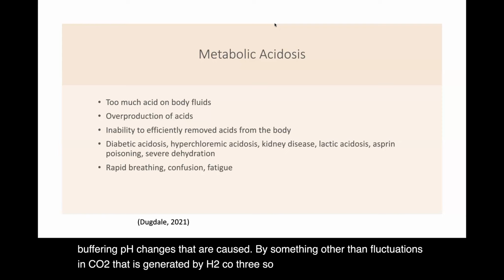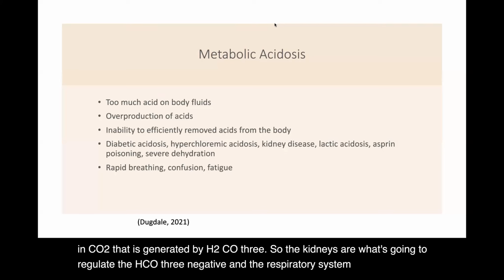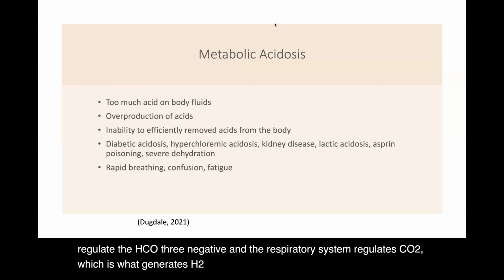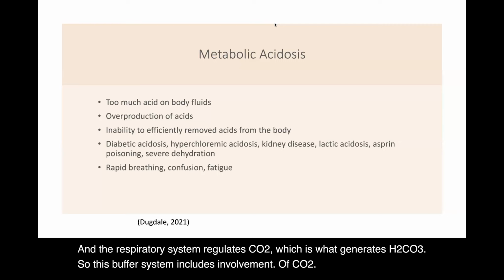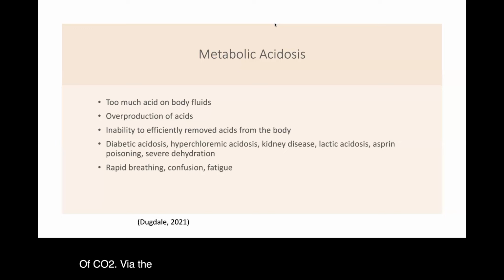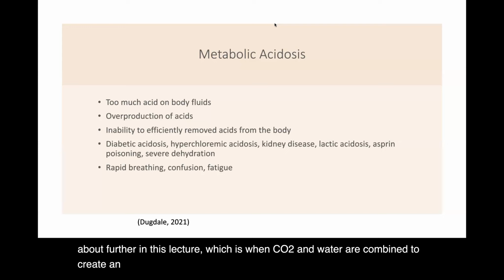The kidneys regulate the HCO3 negative, and the respiratory system regulates CO2, which is what generates H2CO3. So this buffer system includes involvement of CO2 via the reaction that we have already talked about and will talk about further in this lecture, which is when CO2 and water combine to create H2CO3, which is then converted to hydrogen ions and HCO3 negative.